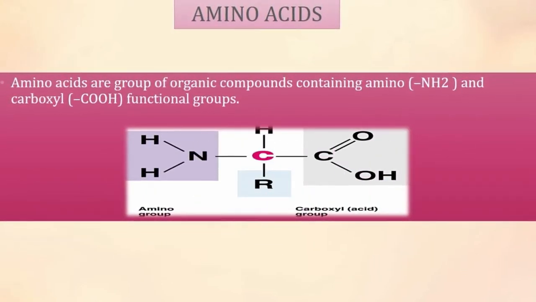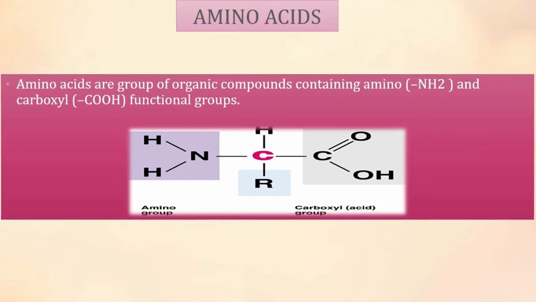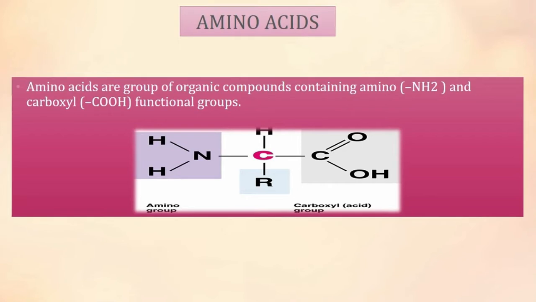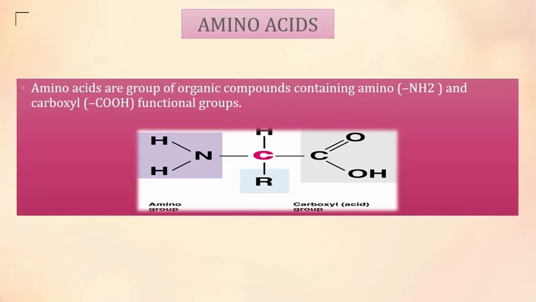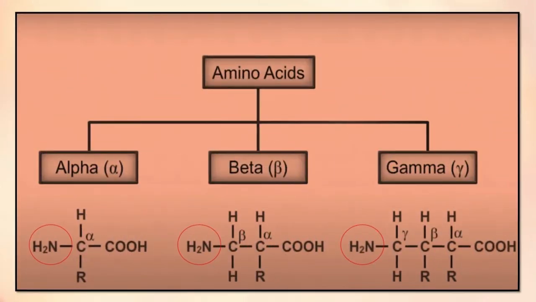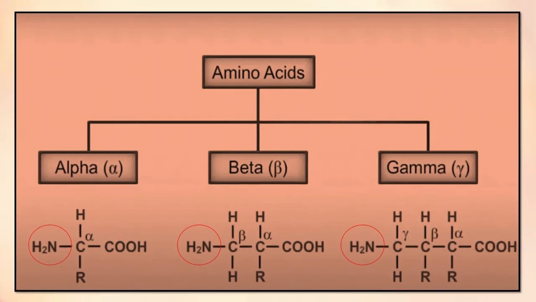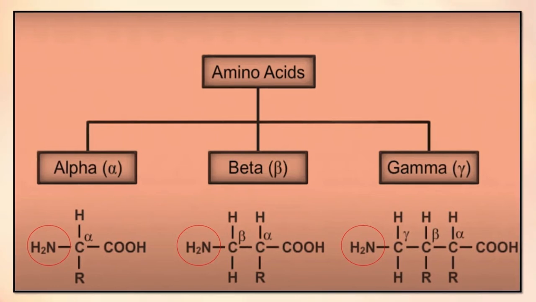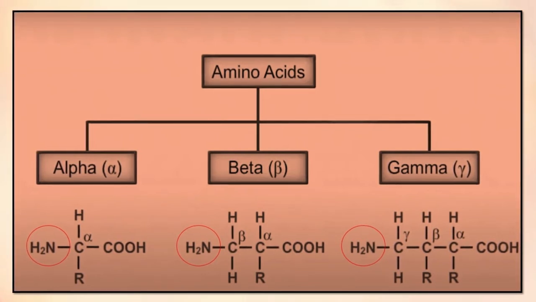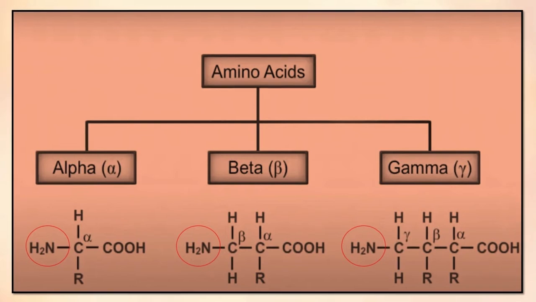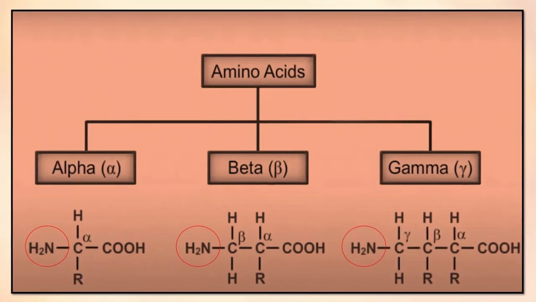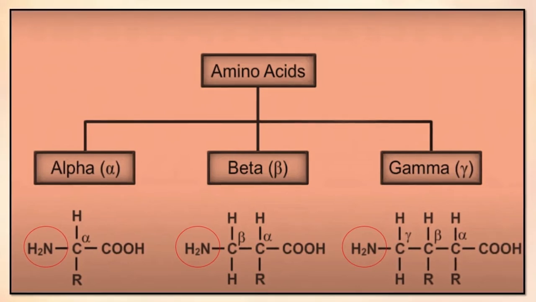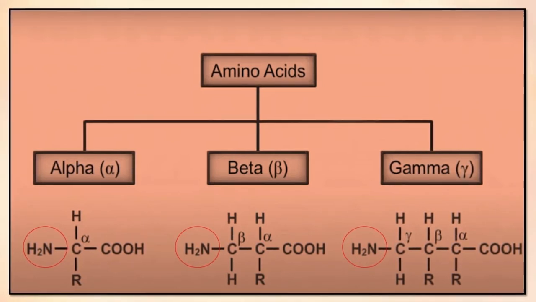In amino acids, we have two functional groups, namely the amino group and the carboxylic acid functional group. Amino acids are classified into alpha amino acids, beta amino acids, gamma amino acids, delta amino acids, and so on. This classification depends on the relative position of the amino group with respect to the carboxylic acid group.